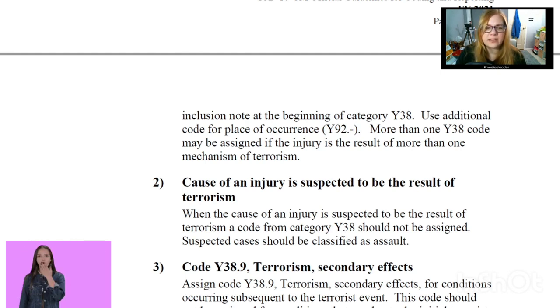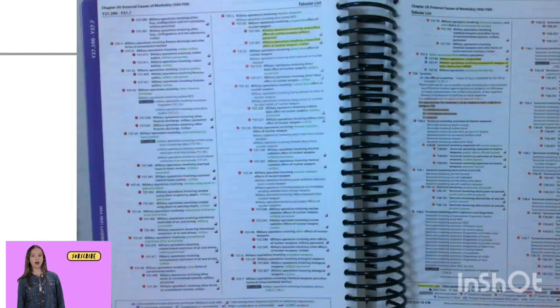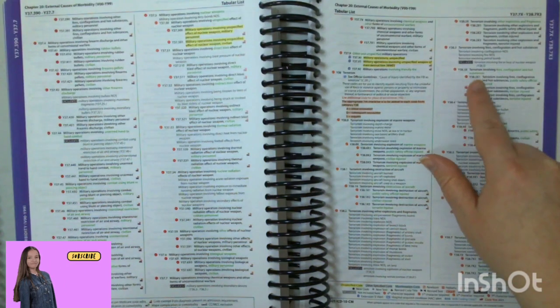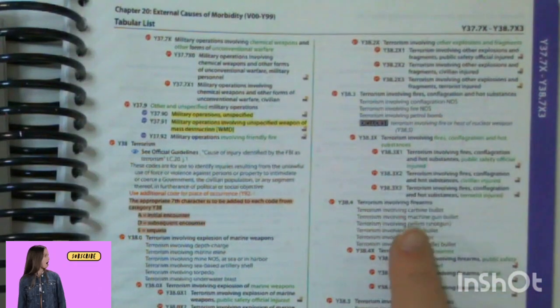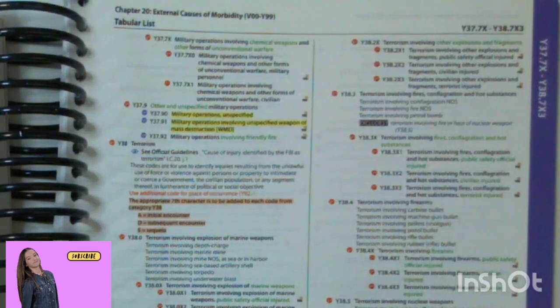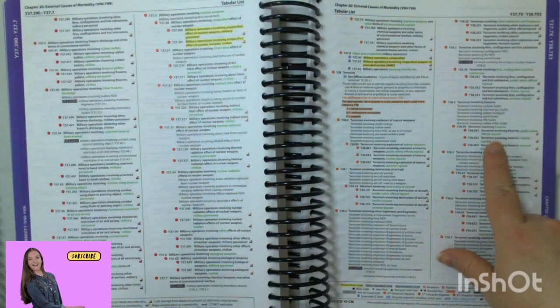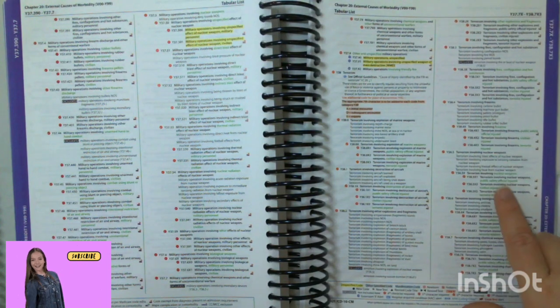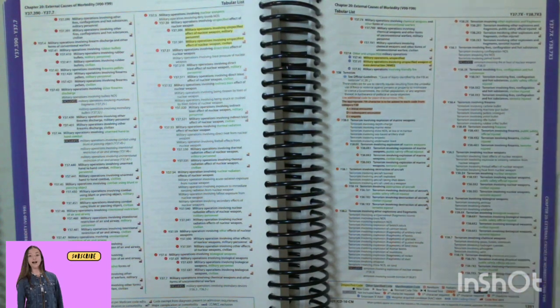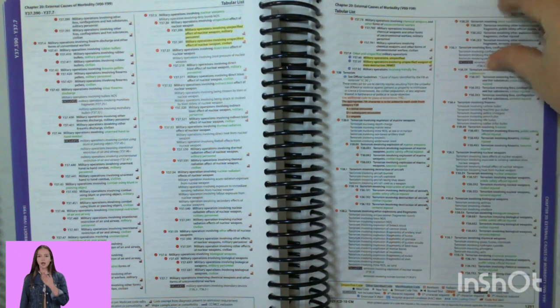And let's take a look at some of these codes that we have in this category. So we have here terrorism involving fires, conflagration, and hot substances, involving firearms, public safety officials injured, civilian injured, terrorist injured. We also have nuclear weapons, biological weapons, chemical weapons.